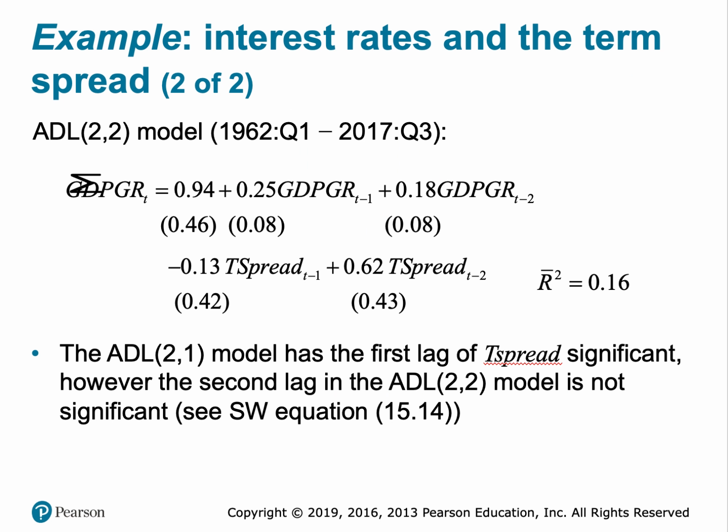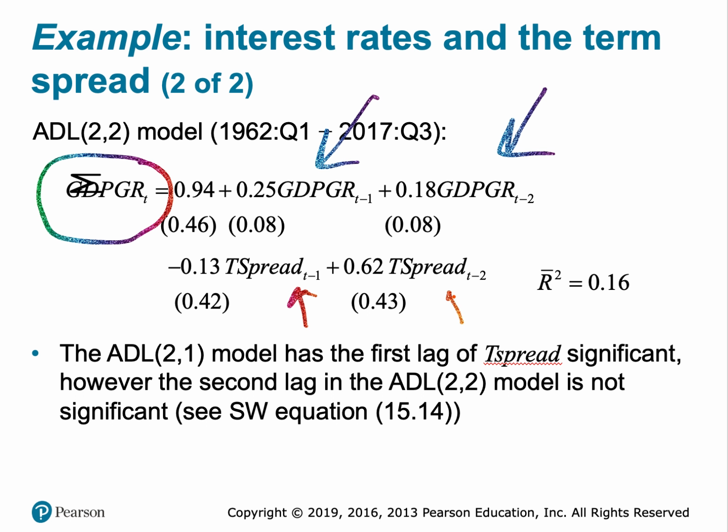So let's include the term spread in our model. We're going to include some lags of the term spread in our model to predict GDP growth rate in period t. We have two lags of GDP growth rate, t-1 and t-2, and we can include either one or two lags of the term spread.